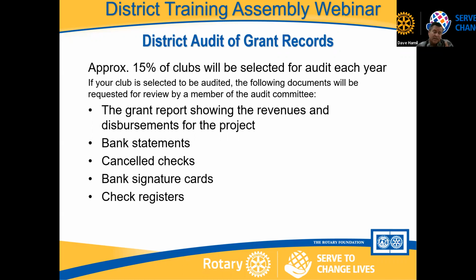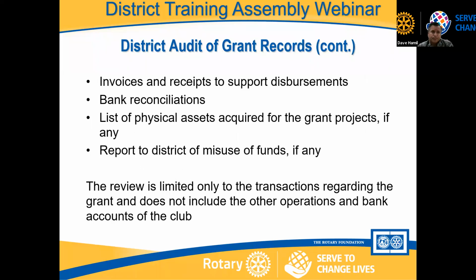You're going to want to show your bank statements, the canceled checks, the signature cards to prove that the people signing the checks are authorized to do so, and any other accounting systems or registers that you may have for them to look at, so they can understand exactly how the funds were spent.